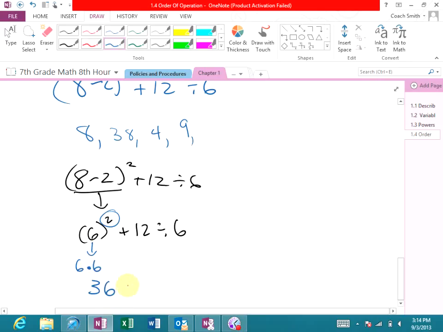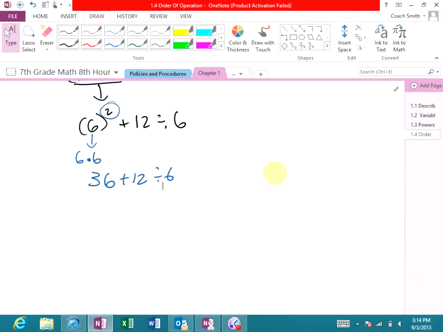So that would be 36 plus 12 divided by 6. Now, what you do next is the 12 divided by 6, which is 2, and you have 36 plus 2. 38. So 38 would be the correct answer.